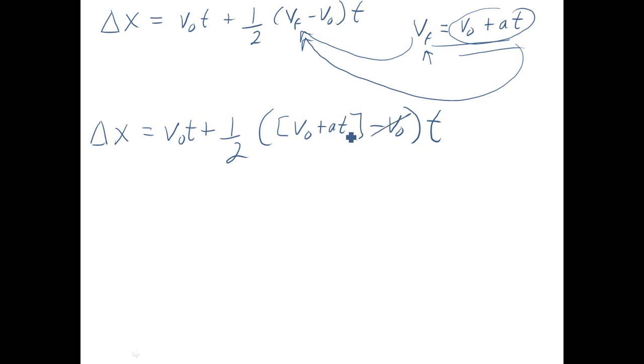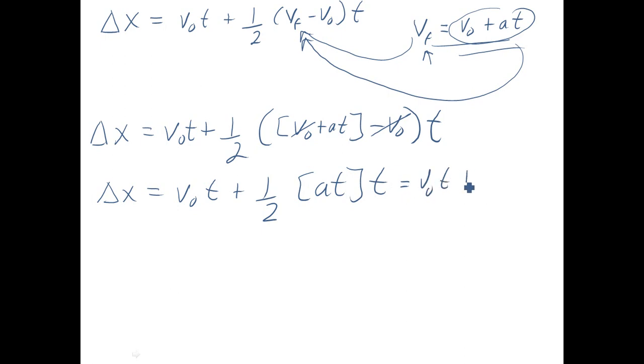And notice that this would cancel with that, and we have delta x is equal to v naught t plus 1/2 at times t, which is simply v naught t plus 1/2 at squared.